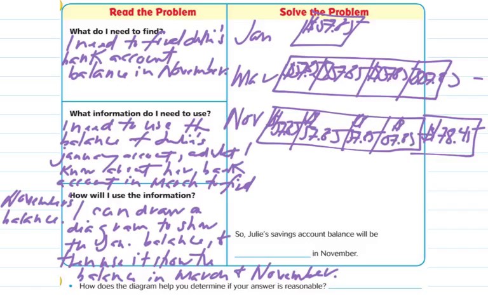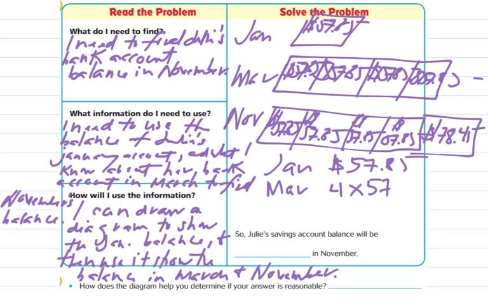So boys and girls, we know in January the account balance was $57.85. We know that in March we did 4 times $57.85, which gave us $231.40.